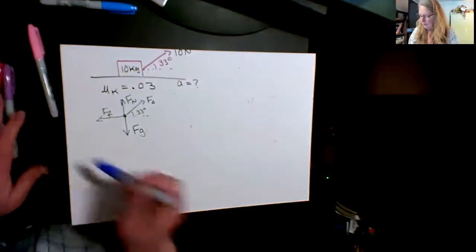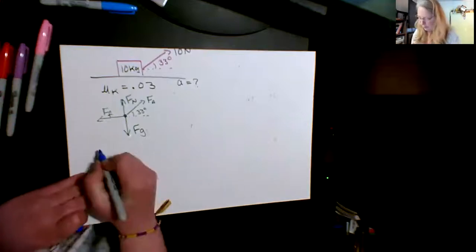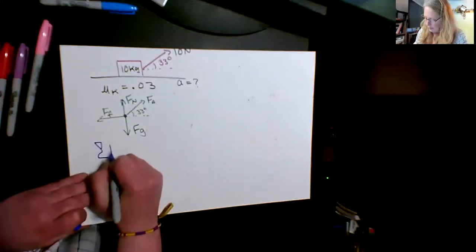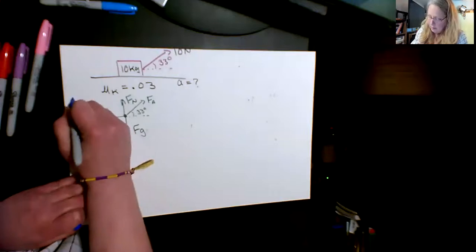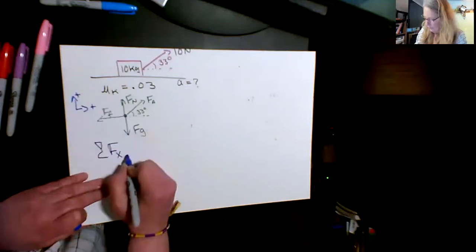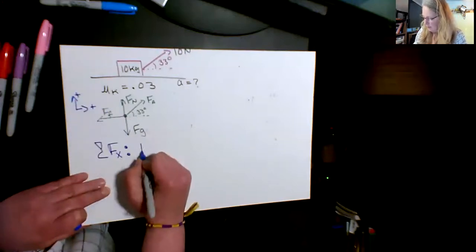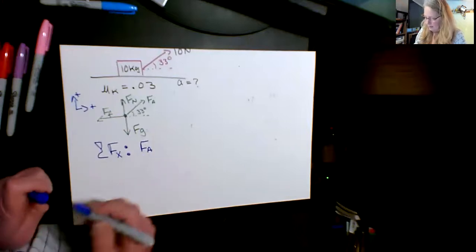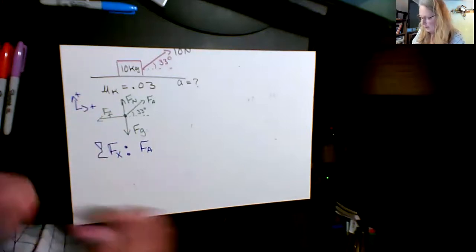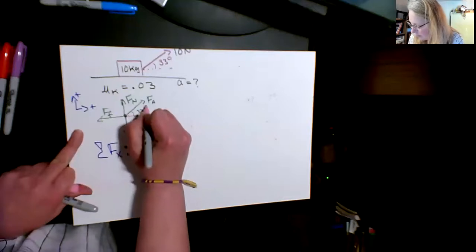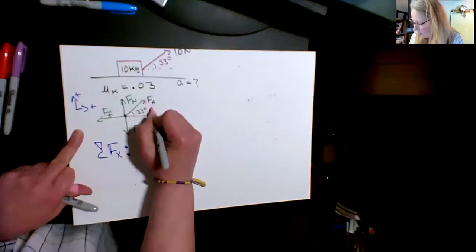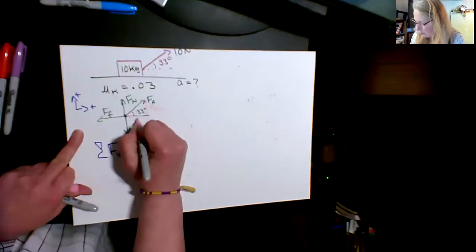Let's see. Let's do our sum. So my sum of my forces in, let's go with the x, positive, positive. I'll have my force applied. Let's see where my vector for the x lives. There is my x component of that force applied. There is my y component. Force applied y, force applied x.